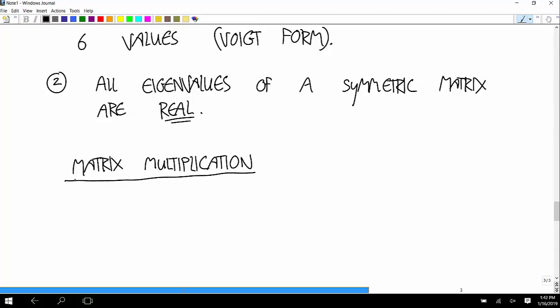So you can think of matrix multiplication as a series of dot products. So remember the dot product? It's not a series, I guess it's a sequence, really, technically.